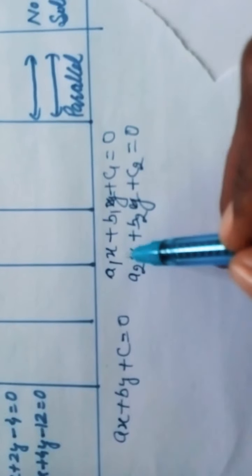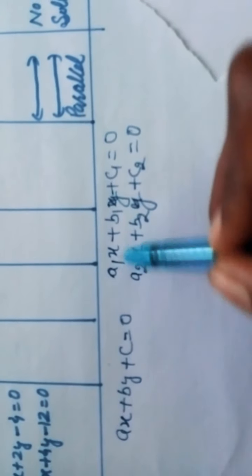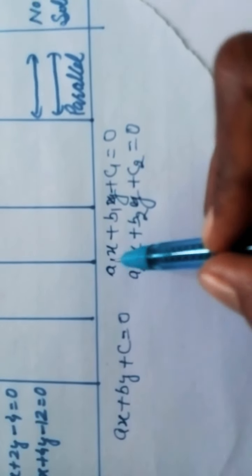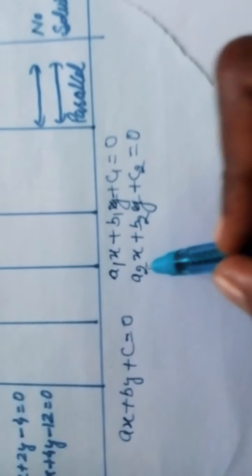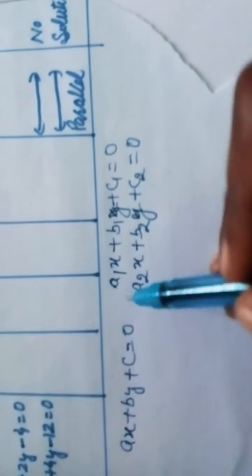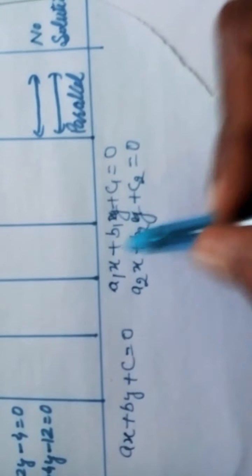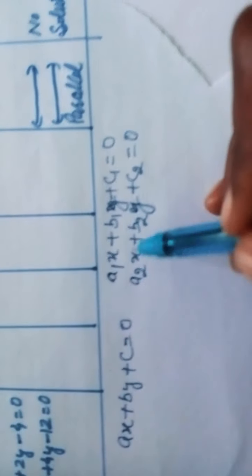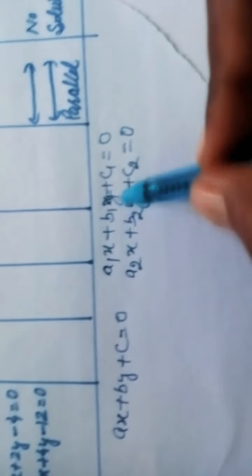Okay, so A1 is nothing but the coefficient of x variable in the first equation, and A2 is nothing but the coefficient of x variable in equation 2. So that you don't get confused about which coefficient we are talking about, they have given the names A1 B1 C1 and A2 B2 C2.